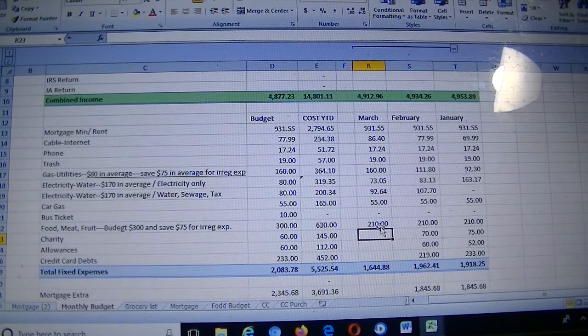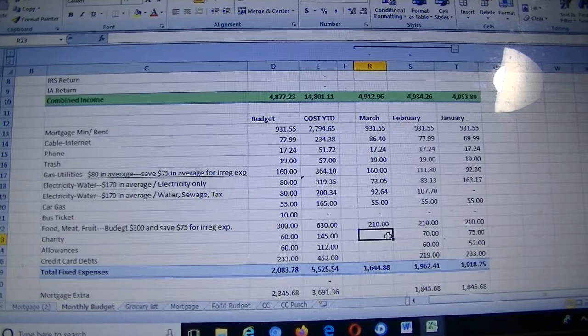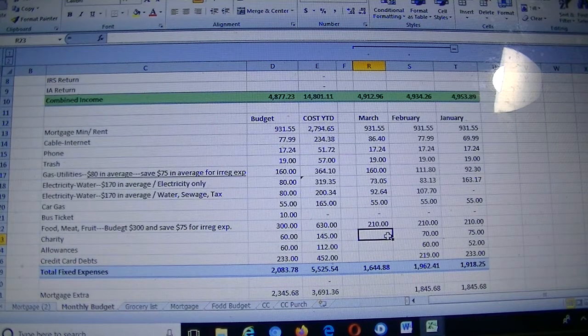So 210 divided by 4 is about 52.5. $210 a month divided by 4 is 52.5 a week.